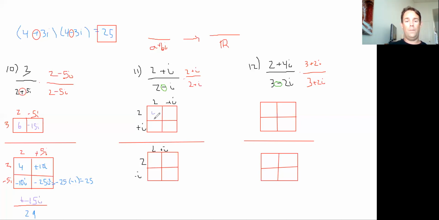So 4 plus 2i plus 2i plus i squared, and i squared again is negative 1. So on top, I have 4. I lied, I have 3 plus 4i. Now we need to figure out what's on the bottom.